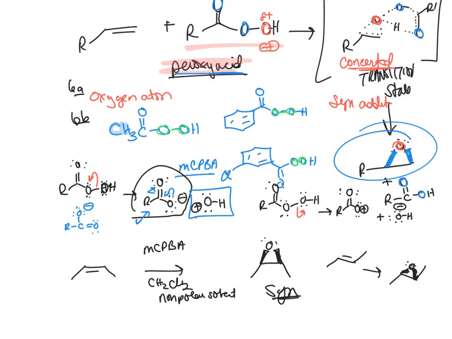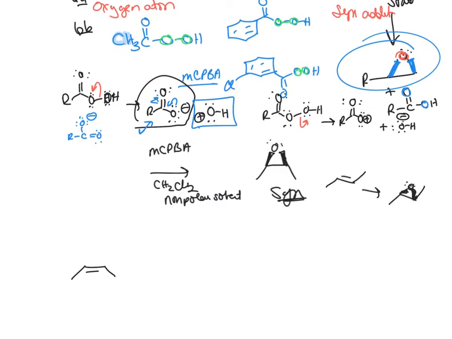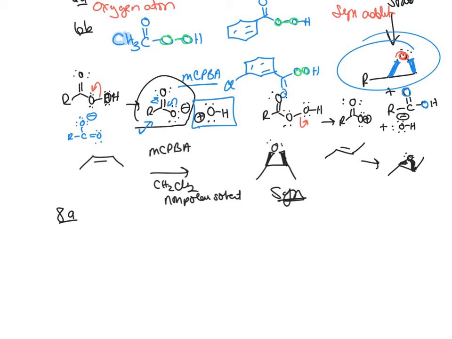And then question number 8, which is talking about what we just looked at. The geometry of the alkene is retained in epoxidation reactions. Okay, that's what we're talking about, geometry retained. So that means cis stays cis and trans will stay trans.